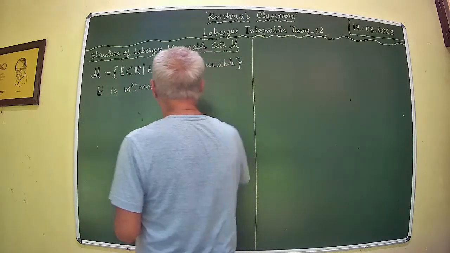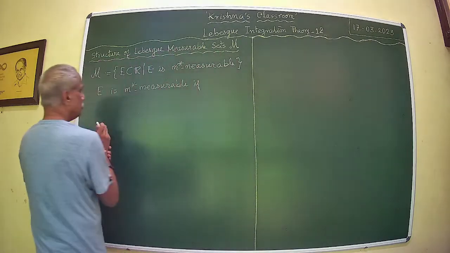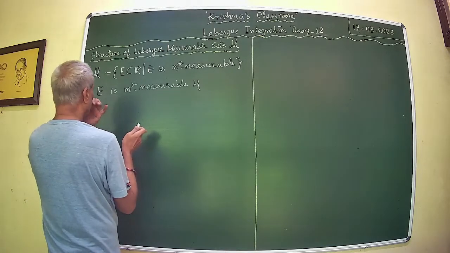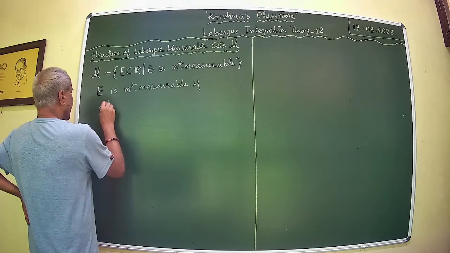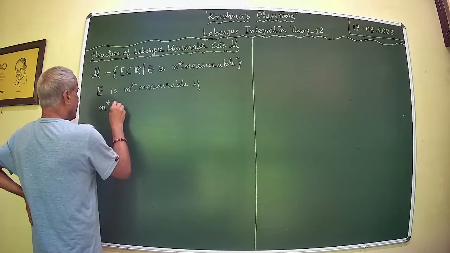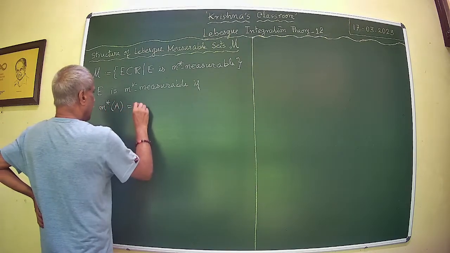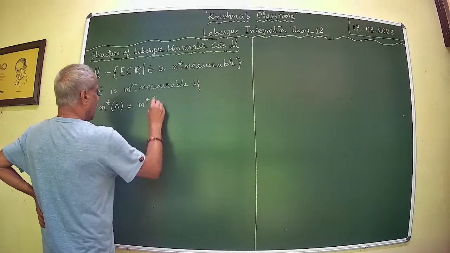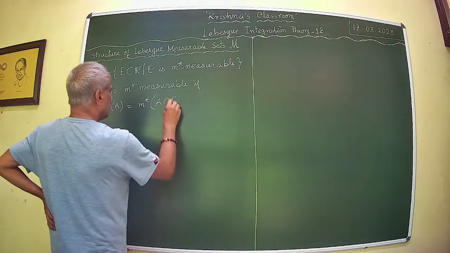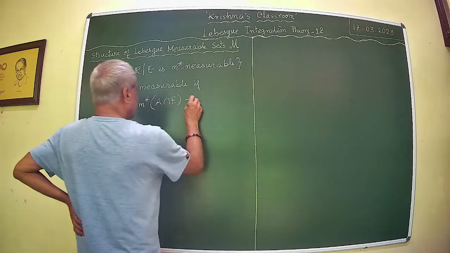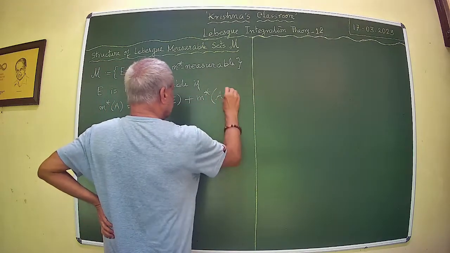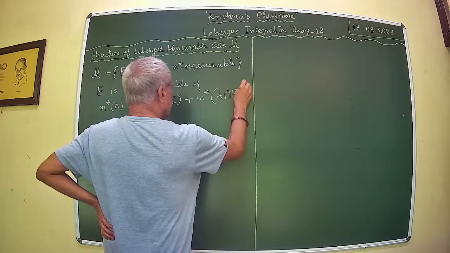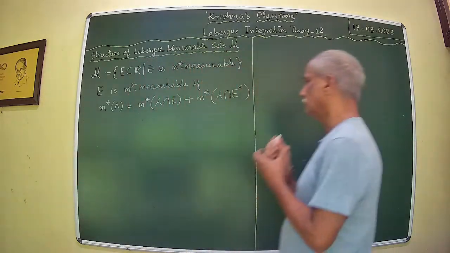If M star of A equals M star of A intersection E plus M star of A intersection E complement. Now this we have explored.